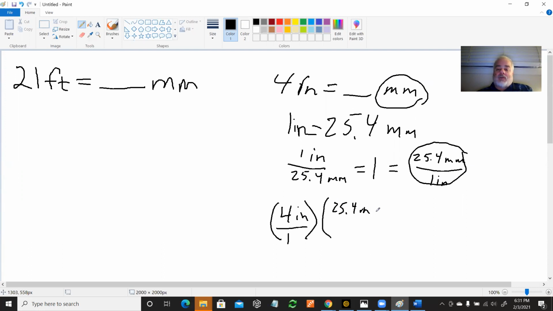25.4 millimeters over 1 inch. And now my inches will cancel because I have inches in the top and inches in the bottom. So inches cancel, and what am I left with? Millimeters. That's it. I'm done. Well, I'm almost done, except for the part where I plug it into the calculator.